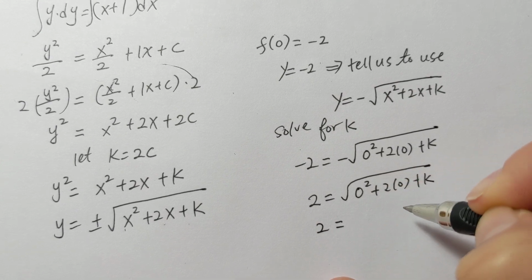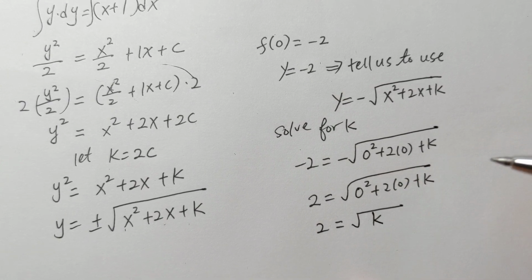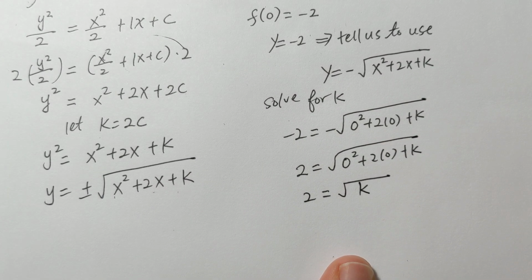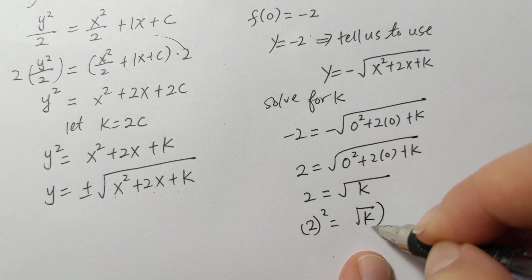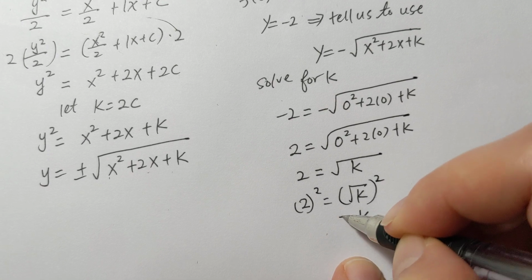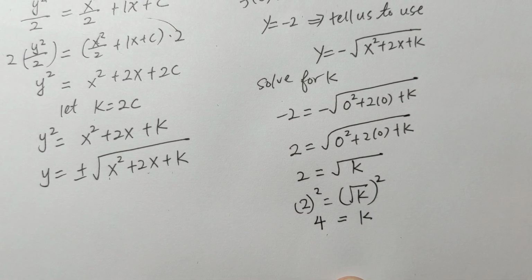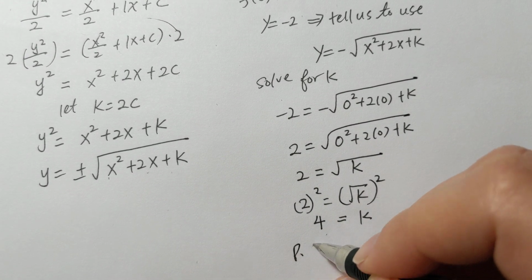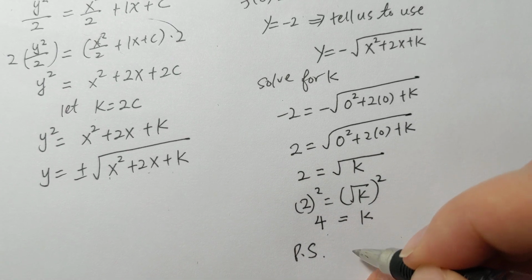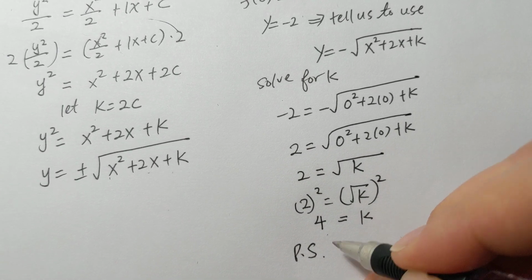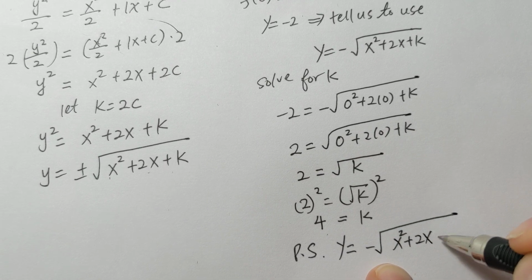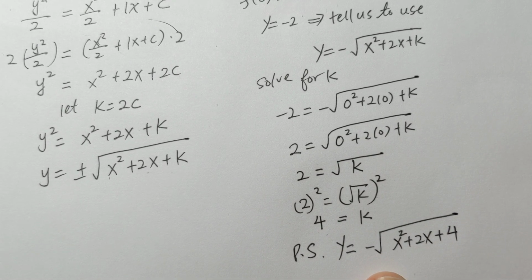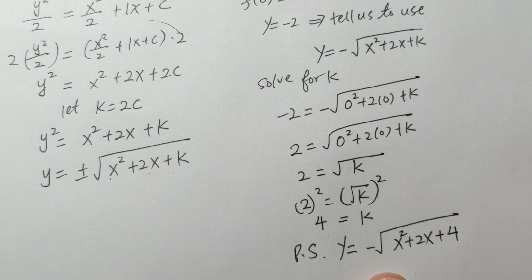We simplify it, and we get square root of k equal to 2. Then we square both sides, and we get k equal to 4. Once we find k, we write down the particular solution. We just substitute k by 4. So we finish the particular solution.